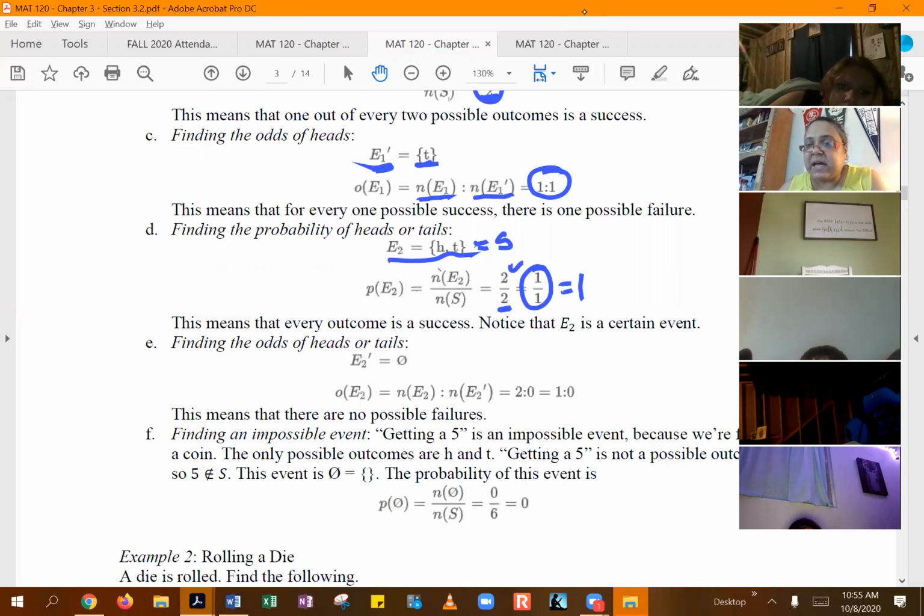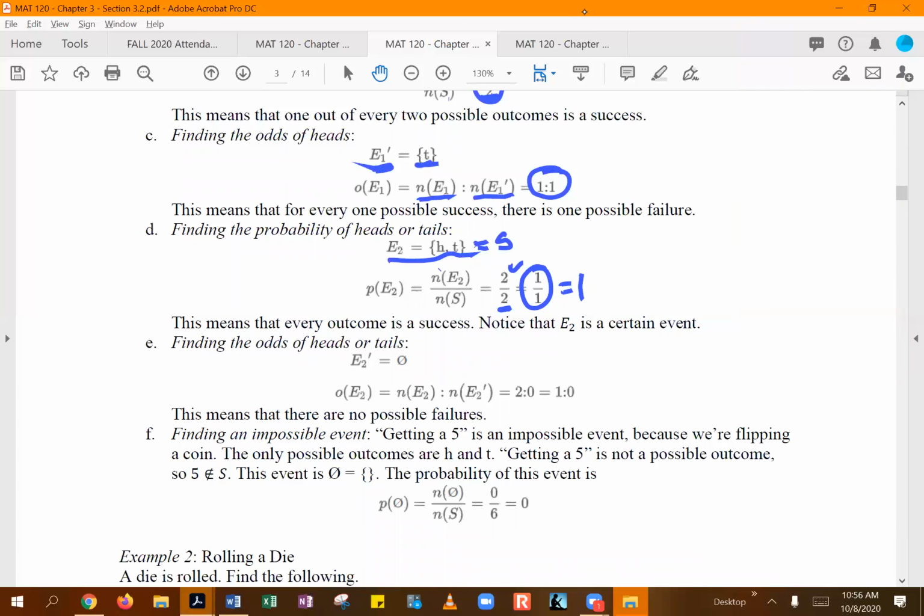This is another reason why we call it a certain event, because we know it's going to happen no matter what. If you think of one as a percentage, that's 100%. No matter what you do, you toss a coin, it will land on a head or a tail. Of course, we're ignoring the possibility of the coin landing on its side. We're basically saying it's going to fall one way or the other.